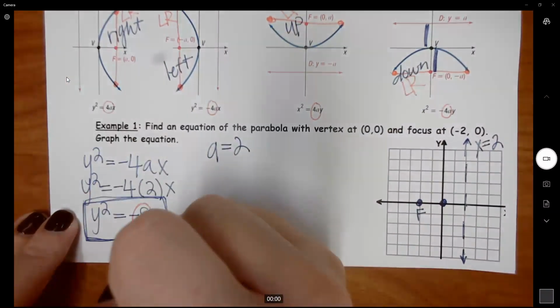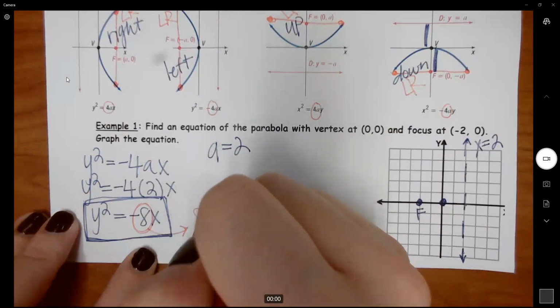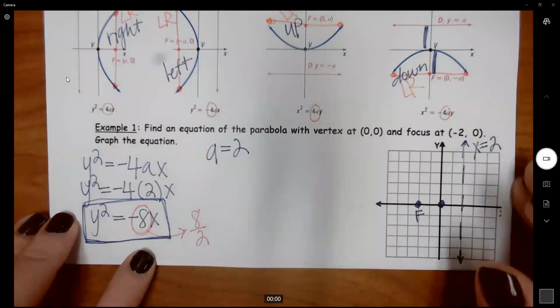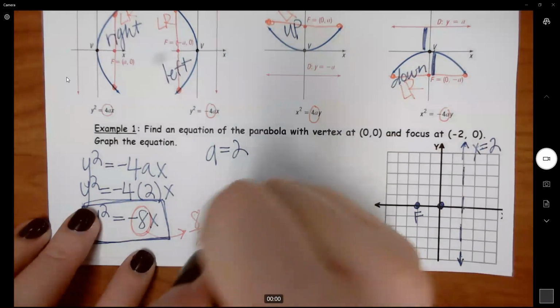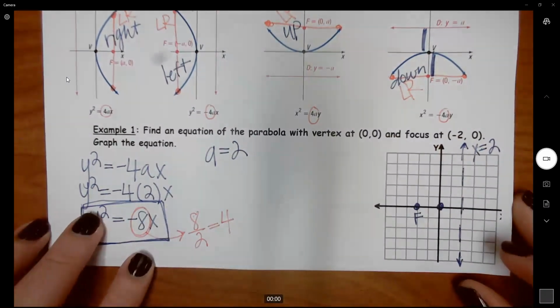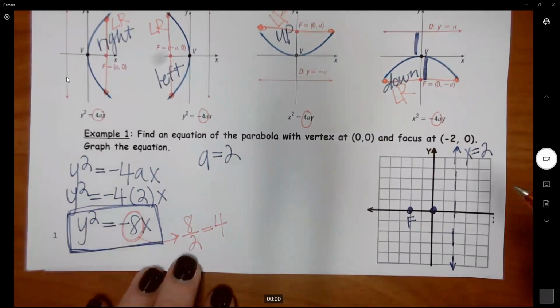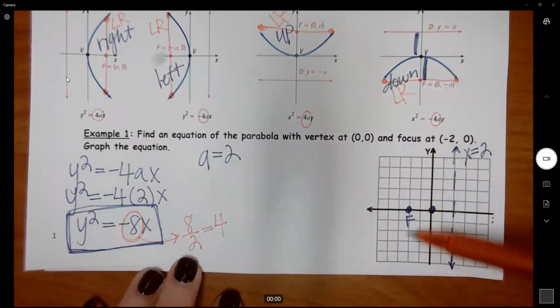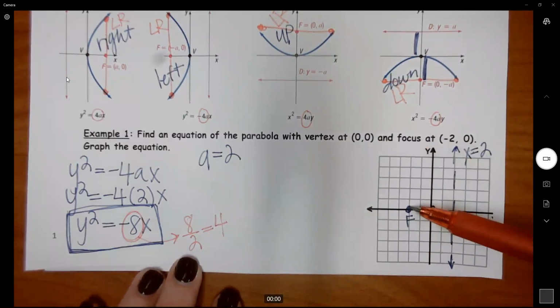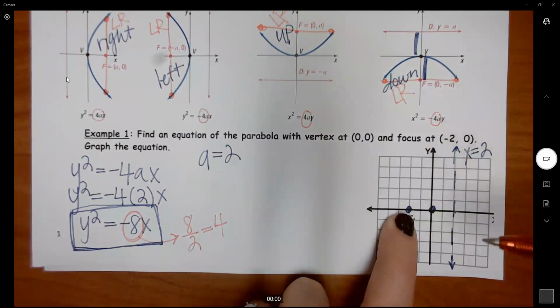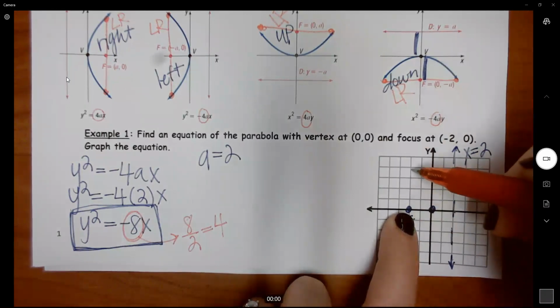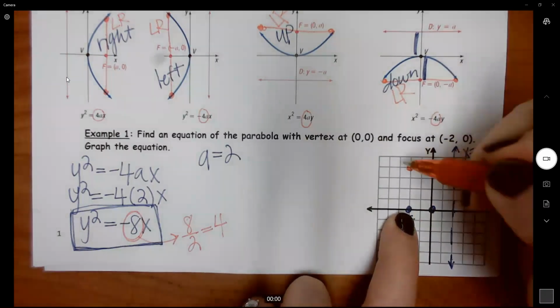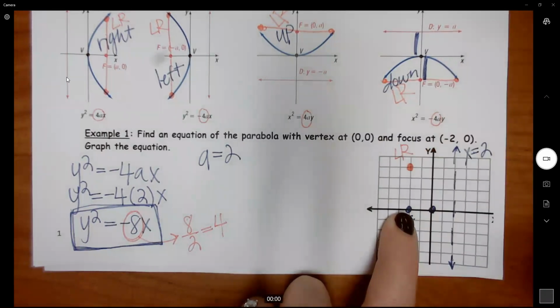I'm going to take this 8 and divide it by 2, which gives me 4. The reason I divide it by 2 is because I know this entire length needs to be 8. So this tells me what the halfway mark is, so I can go 2 units up. That's a latus rectum point.